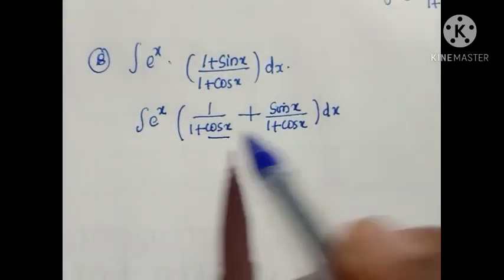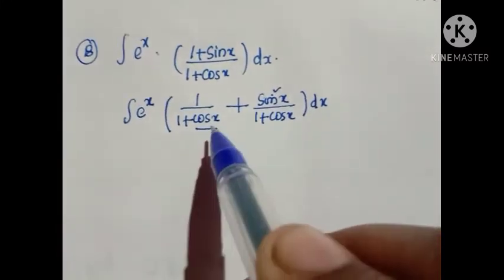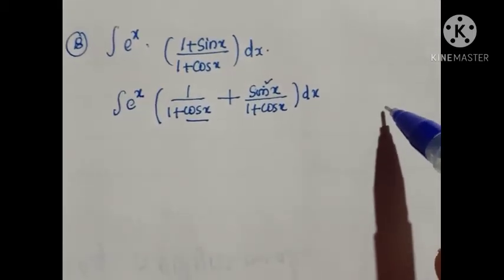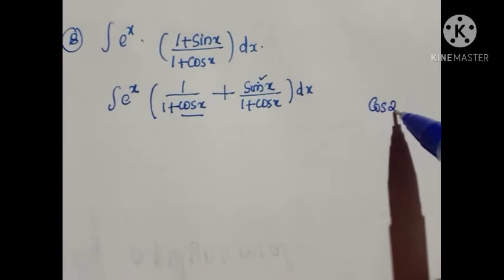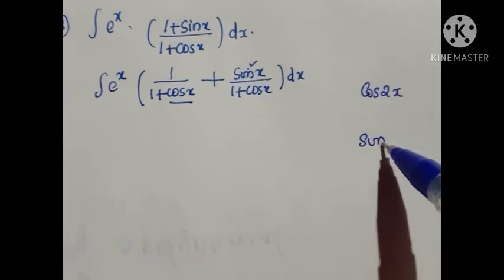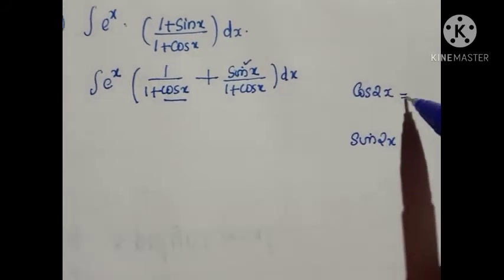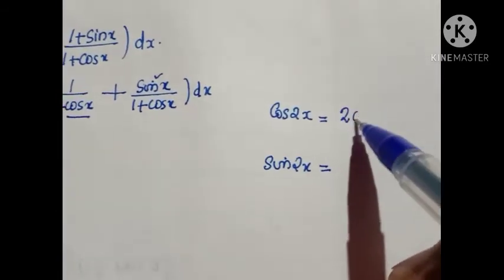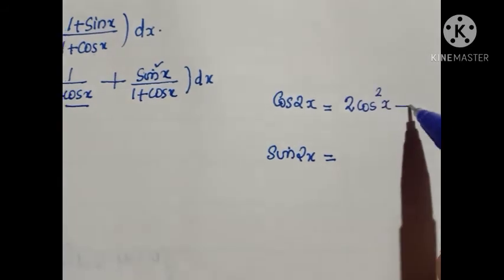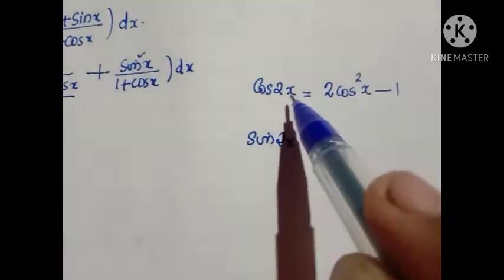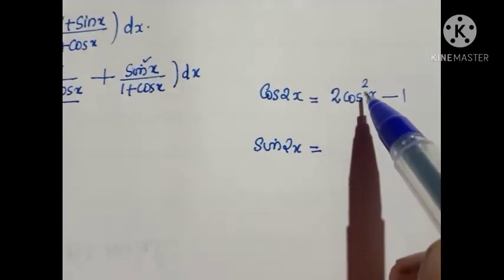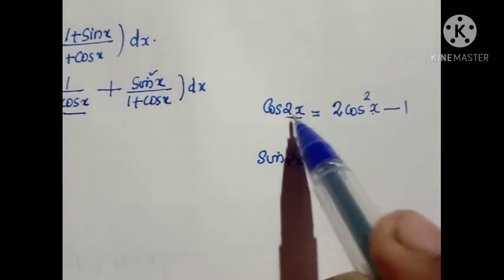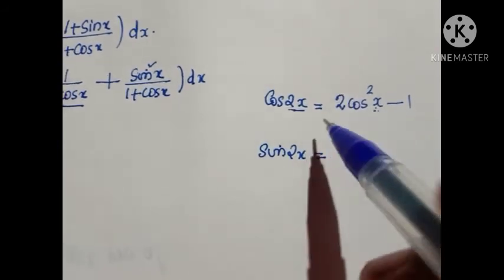Now we are going to change this sin x and cos x using the formulas for cos 2x and sin 2x. So recall, what is cos 2x? Cos 2x equals 2 cos square x minus 1. If the angle is 2x, it becomes half of the angle.